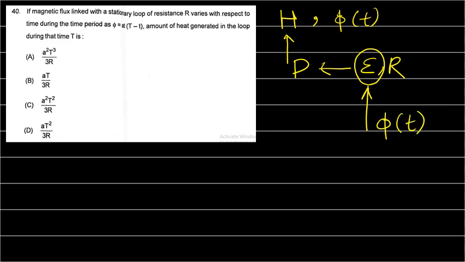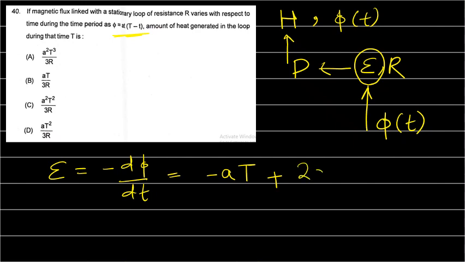So this EMF is minus d phi by dt. If we take this derivative, it is minus at plus 2at.